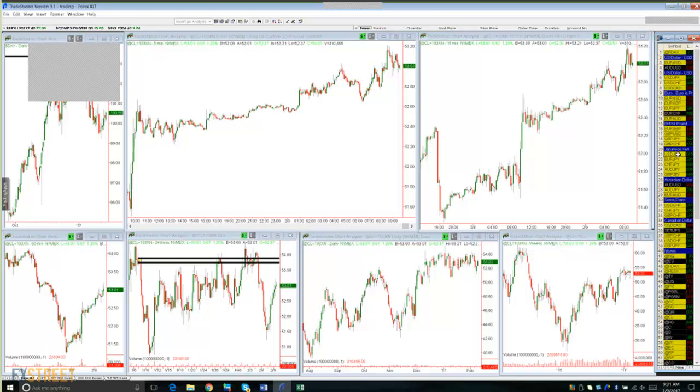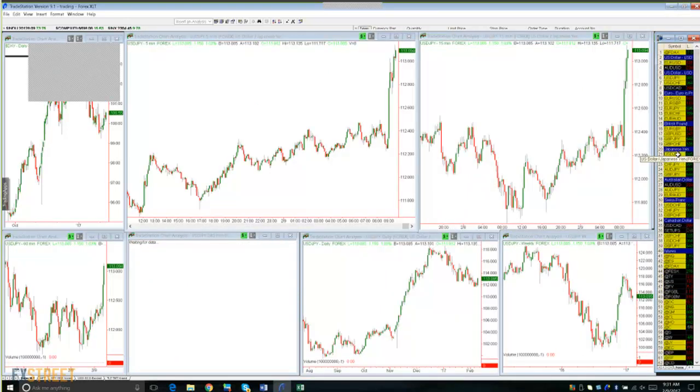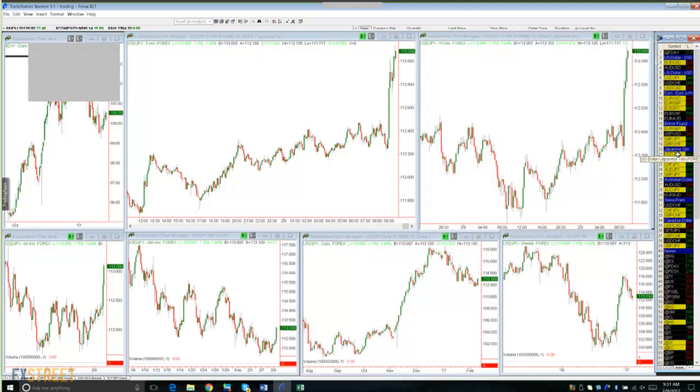Let's look at the yen. And again, as we look at these markets, obviously keep in mind where the dollar's at.